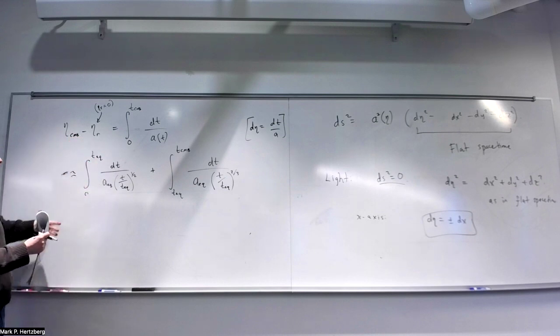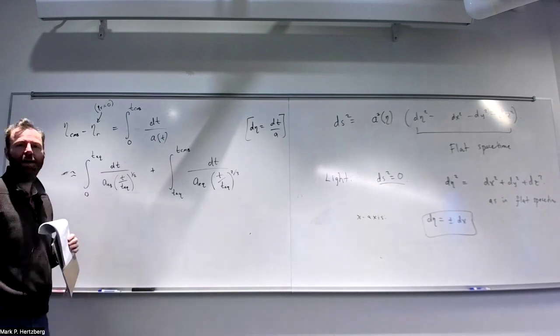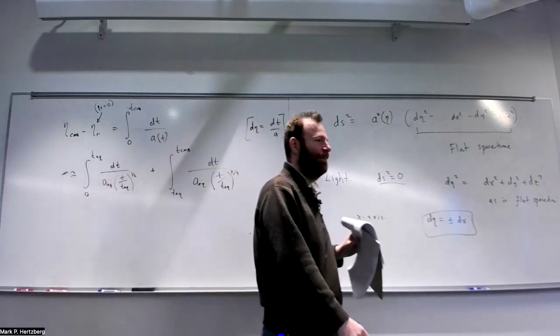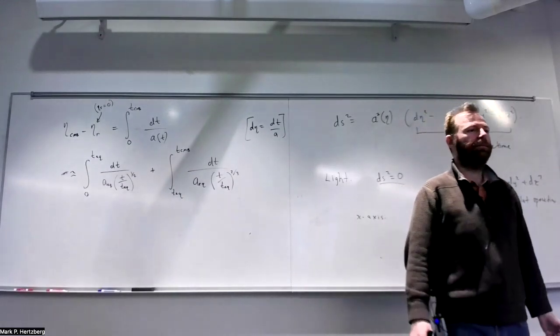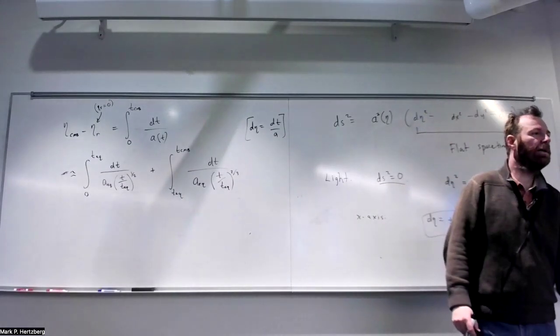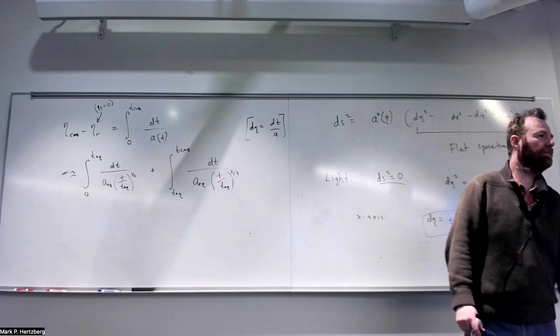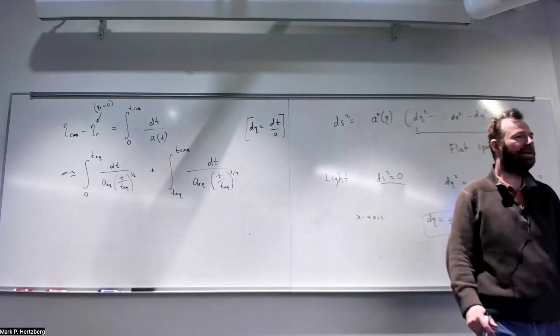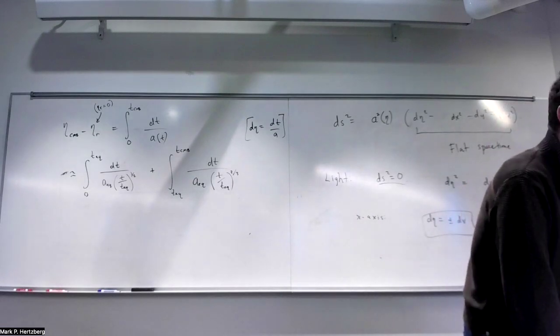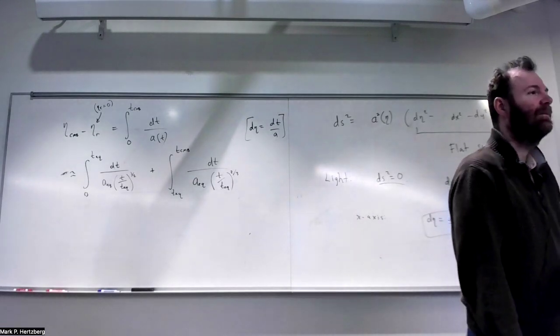But what can we say about this integral? Is this a bad divergence, or a nice divergence? Integrating 1 over root t to t of 0. What kind of divergence is that? Is this infinity? Good divergence. Why is it good? I guess let me find out.